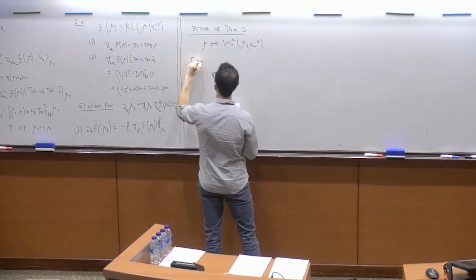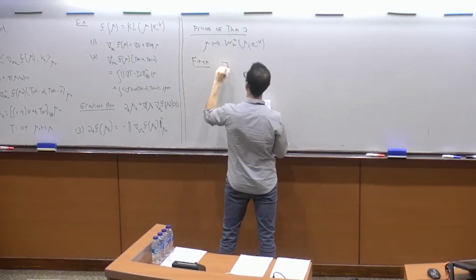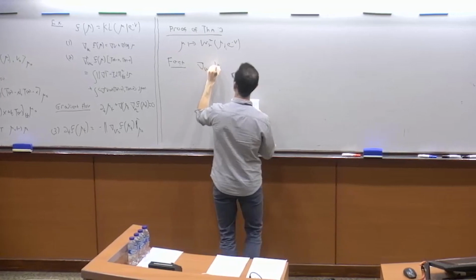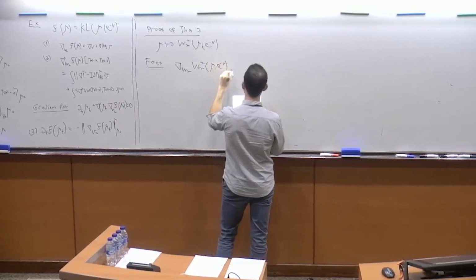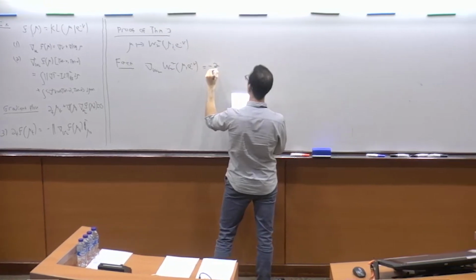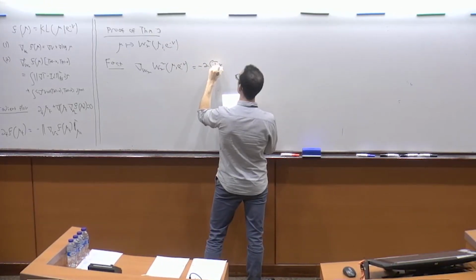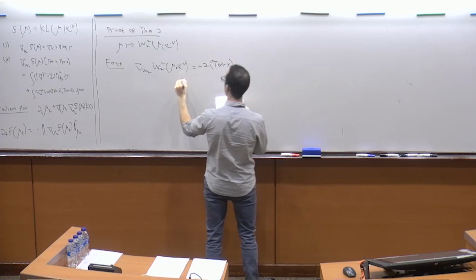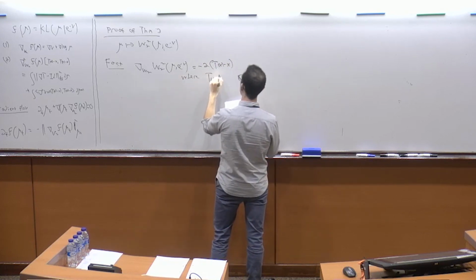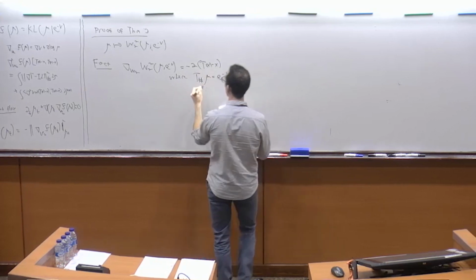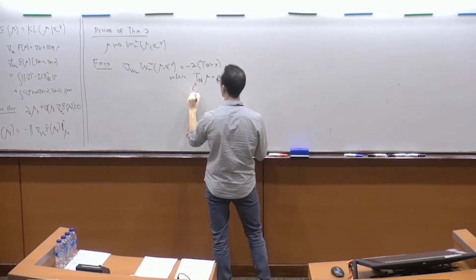It's a fact that if we look at the derivative of this map, it's just equal to minus 2 (T(x) minus x), where T is the optimal transport map between mu and e^{-V}.